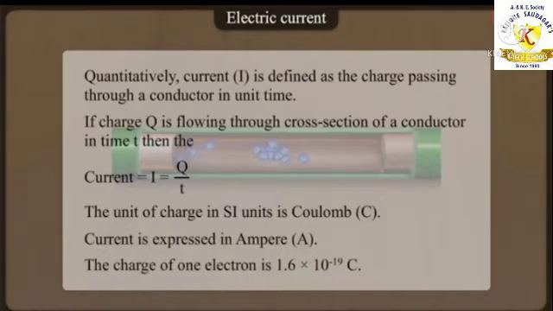The unit of charge in the SI system is coulomb, denoted by the symbol capital C. Current is expressed in ampere, that is capital A, and the charge of one electron is 1.6 multiplied by 10 raised to minus 19 coulomb.